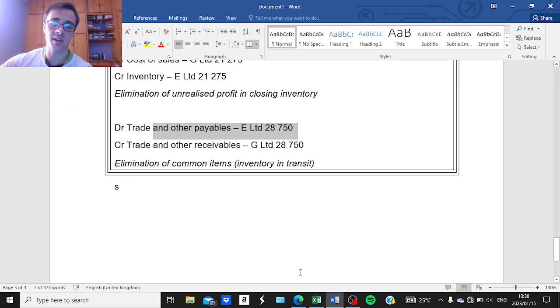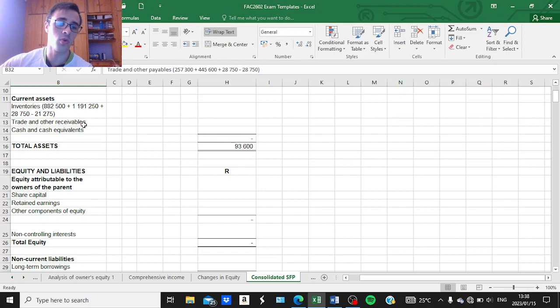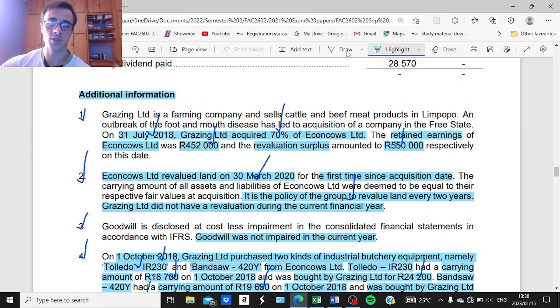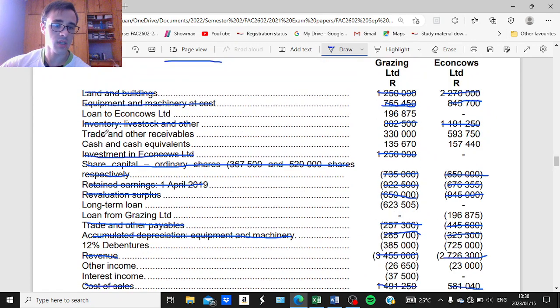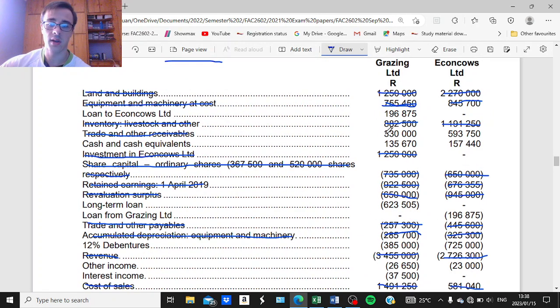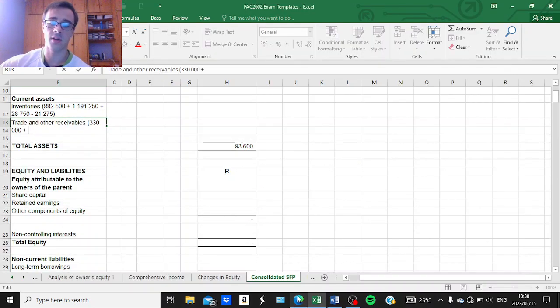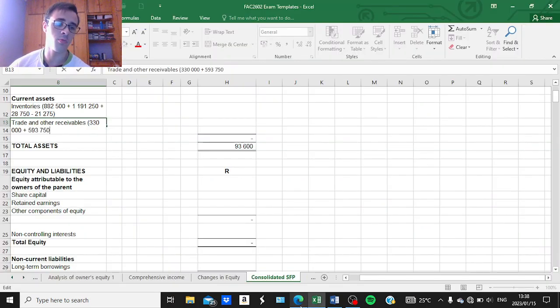And then we need to credit trade and other receivables for the parent, which already accounted for the inventory in transit. So the amounts reflected in the trial balances for the two companies will be as follows. Trade and other receivables, 330,000, plus the amount for the subsidiary, which is 593,750, and then we are crediting trade and other receivables.